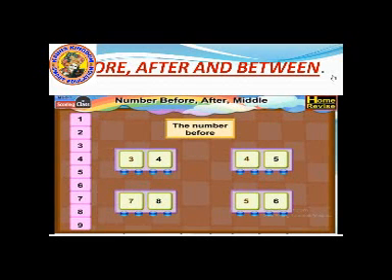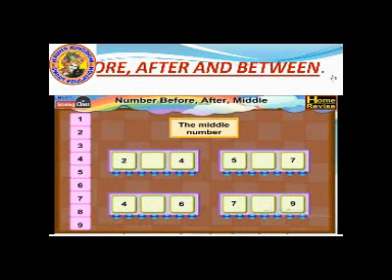Now children, you have learned the concept of number after and the concept of the number before. Now we will talk about the middle number. Now here you'll find a train of 3 blocks. In the first block 2 is written, in the last block 4 is written, and the middle block is empty.